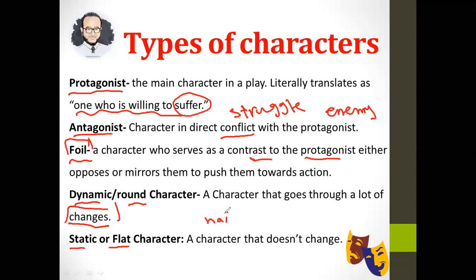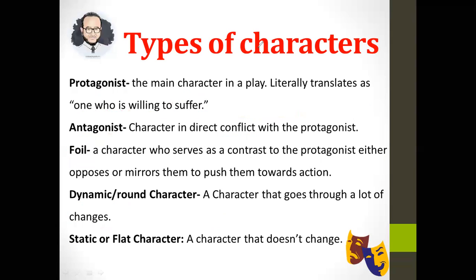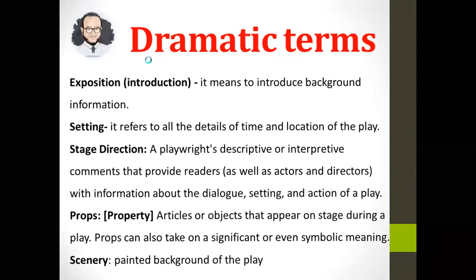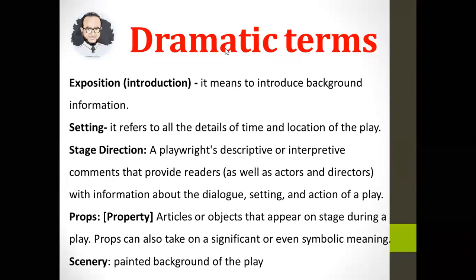All the people around him are thieves and killing and stealing and so on, and this one is not affected. So we call this one a static or flat character, not changing all the time of the play, which will be somehow so weird. The dramatic elements, we're going to have in the second part of this class. I'm going to explain it in another session.